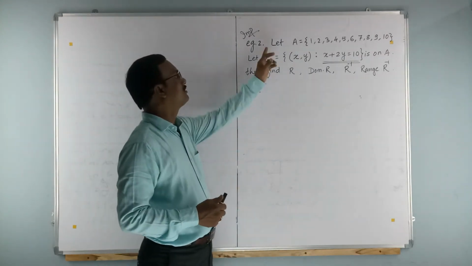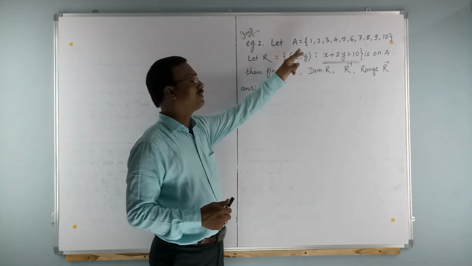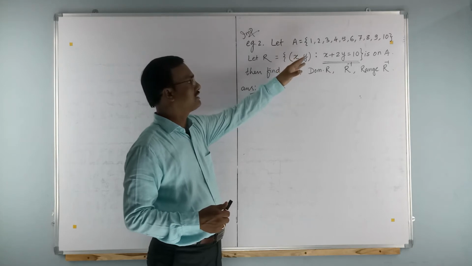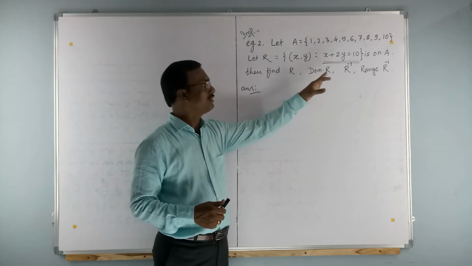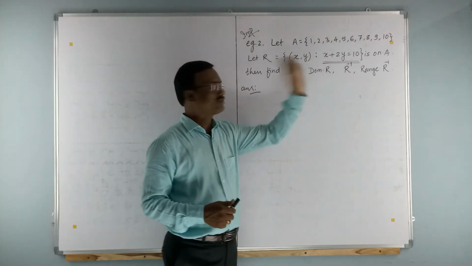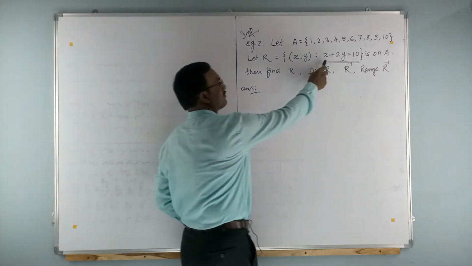In this example, the relation R is defined on A, and the set A is given to be the set of all natural numbers having elements 1, 2, 3, 4, 5, 6, 7, 8, 9. We have to find the relation R, the domain of R, the inverse relation and its range. See, in this case, what is the condition for the relation?